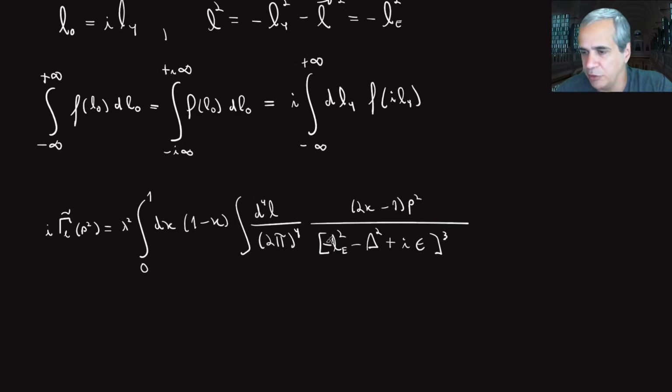Which then allows me to take a minus outside. Let me put it here for now. Change the minus here and here, right? This guy becomes i d^4L_E, right? And this is it. This is essentially the thing we have to integrate.